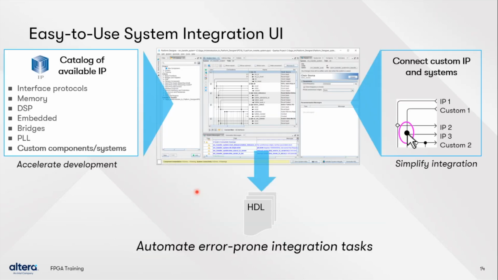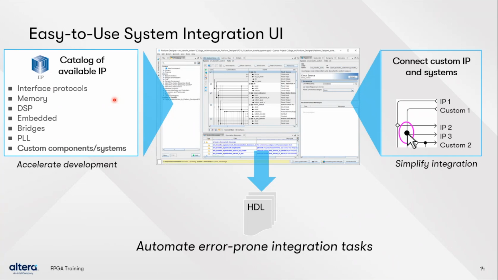So when you're working with Platform Designer, it looks like this, and I'll switch to the tool if there are questions about that, and do a little demo here and there. But really, you build up essentially just a list of the components in your system. You can add off-the-shelf components that we have in an IP catalog.